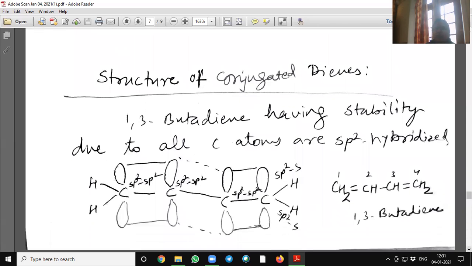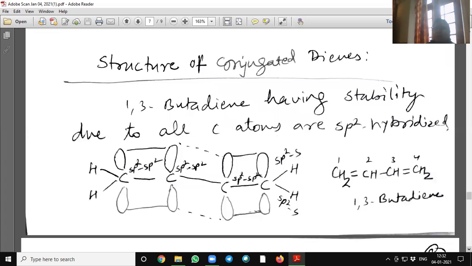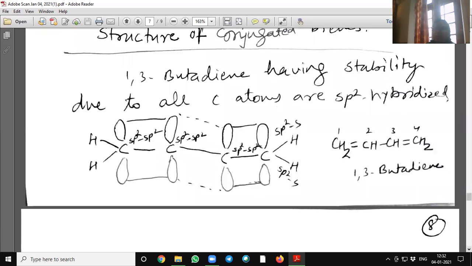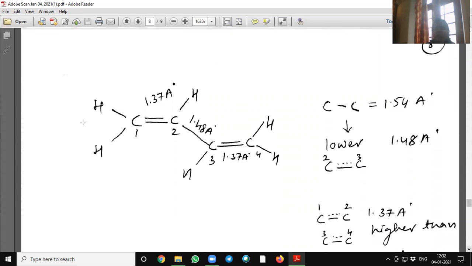Structure of conjugated dienes. 1,3-butadiene has stability because all carbon atoms are sp2 hybridized. See here, all carbons are sp2 hybridized, and bond length is also changed here.